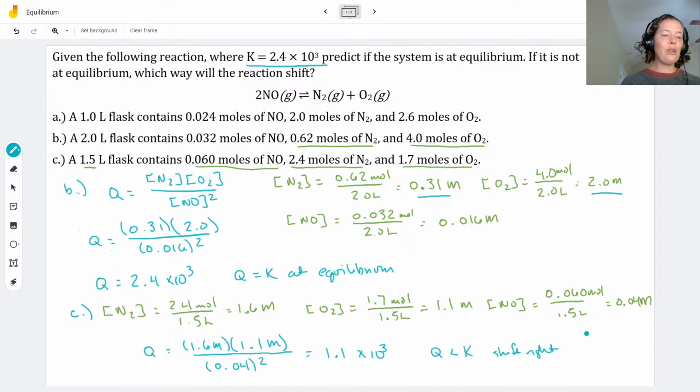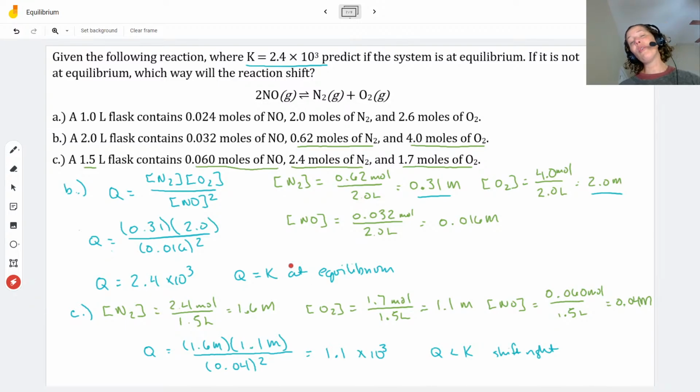Now, some of these you could maybe predict. I don't know if you could predict this one because you do have some product, but not a lot. I don't think without calculation that you would know what this is.